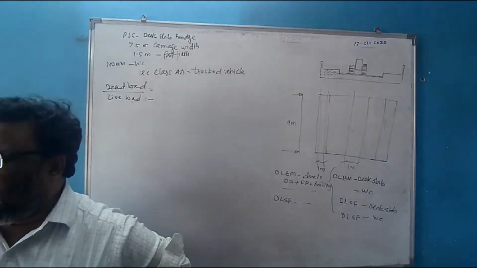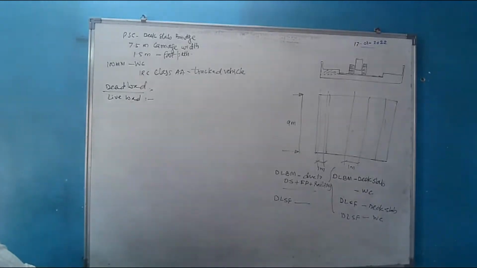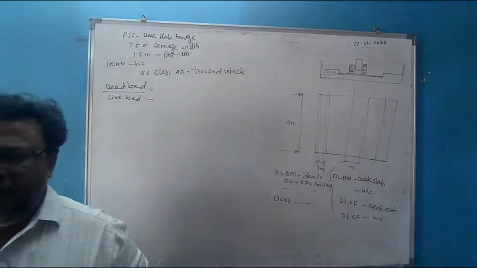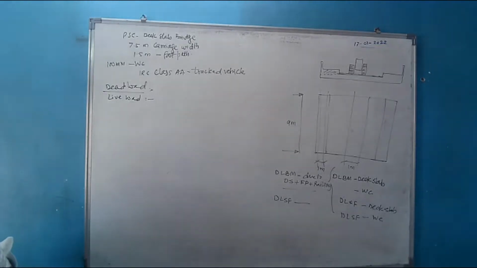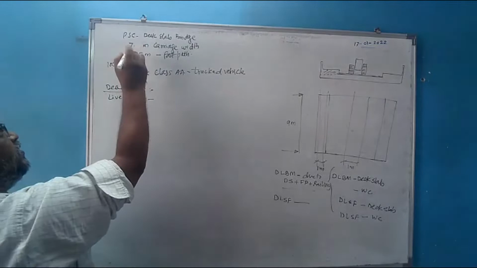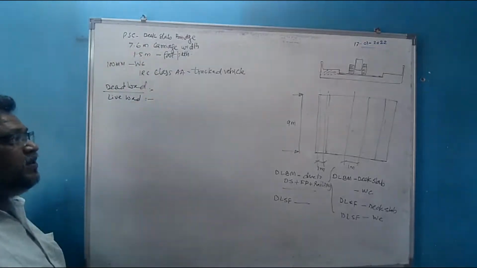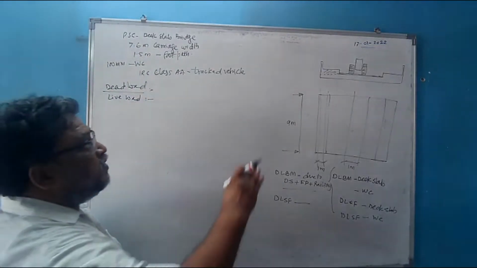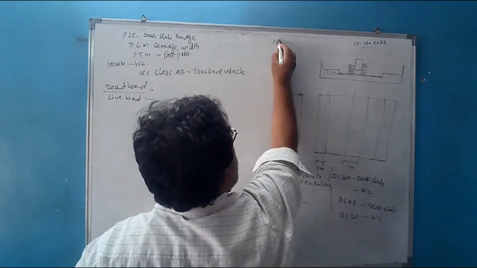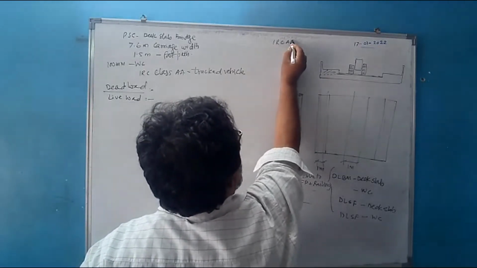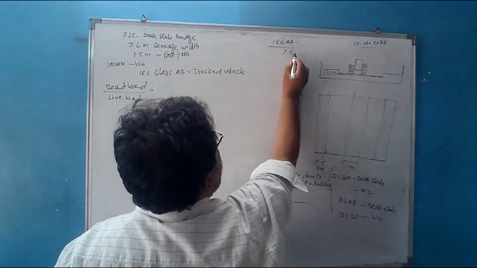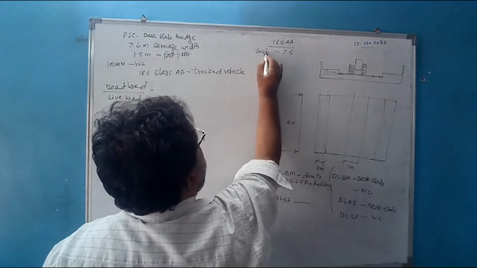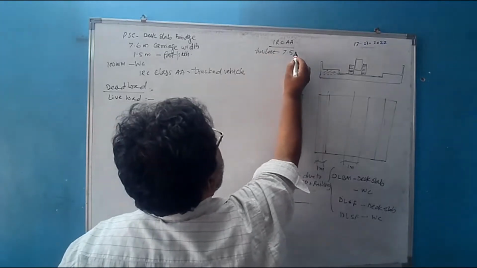If you refer to IRC 5, you will find that if the carriage width is 7.5 meter, then in that case we have to consider it, it was 7.5 meter the carriage width. If it is 7.5 meter minimum, when you want the IRC class AA load to pass, then the minimum carriage width for 2 lanes must be 7.5 meter.